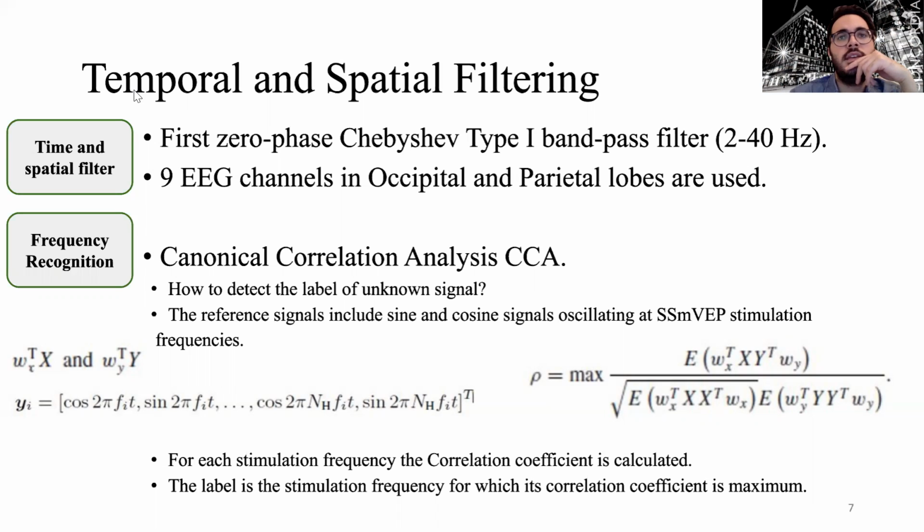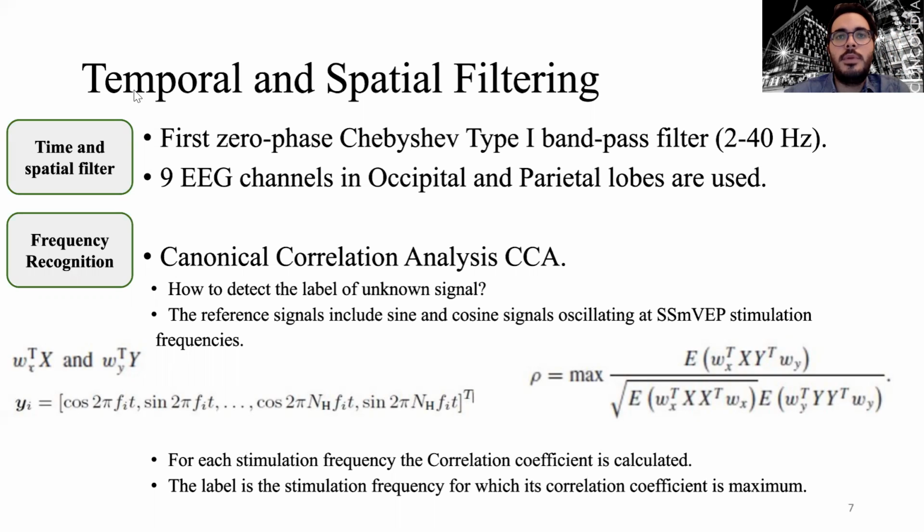How does CCA basically work to label an unknown signal and detect its susceptible target frequency? CCA is one of these frequency recognition algorithms, and we want to understand this mechanism. We have 2 data sets called observation and reference signal. The reference signals include sine and cosine signals oscillating at SSMVEP stimulation frequencies.